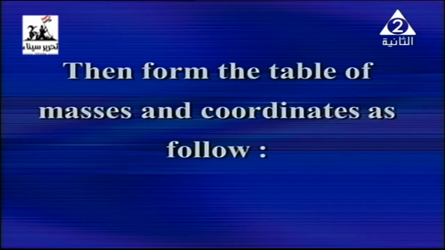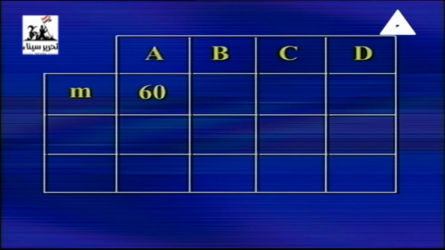Form the table of masses and coordinates as follows. Look at A, B, C, and D. We have 4 vertices and 4 masses. The masses are 60 at A, 60 at B, 60 at C, but D is 20.